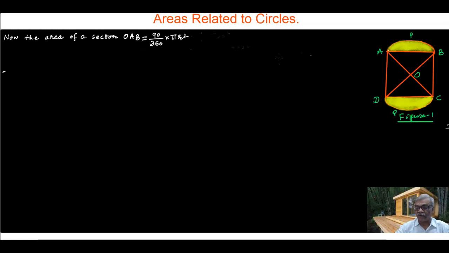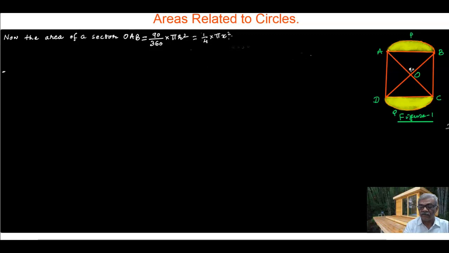Now the area of the sector OAPB is equal to theta by 360 into pi r square. As you know, the angle is 90 degrees here, and therefore this is 90 by 360 into pi r square, equal to 1 by 4 into pi x square, because OA is equal to x.